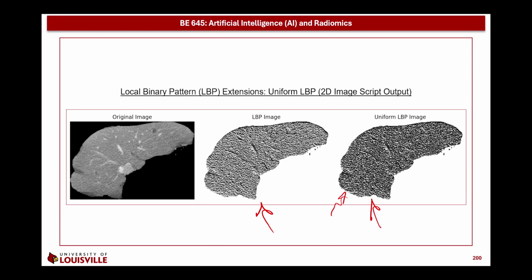And as mentioned, we can use the uniform local binary pattern image as a matrix that can be applied to any other features such as first order or GLCM.